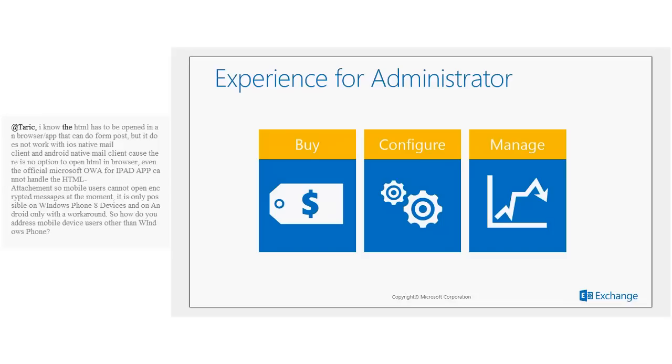The admin can also manage the different usage patterns because it's built on top of Exchange transport rules. You can see deeper granular reports through our Office 365 workbook that's available to download. All of this is available to the admins directly out of the box, and they should be able to leverage these capabilities.